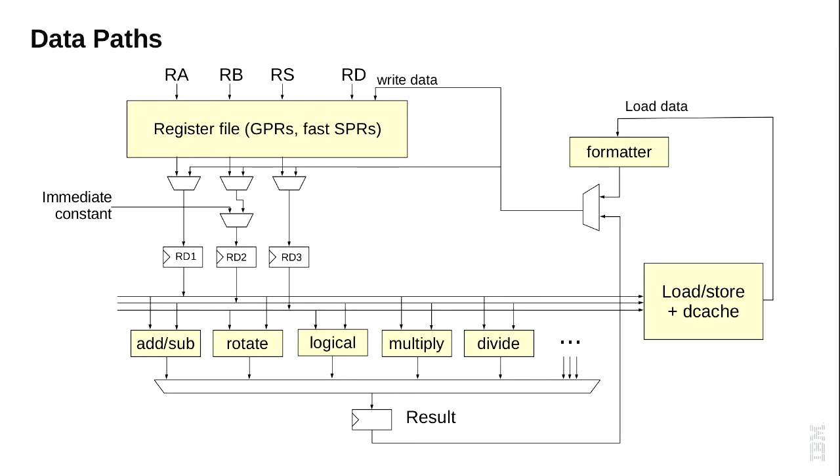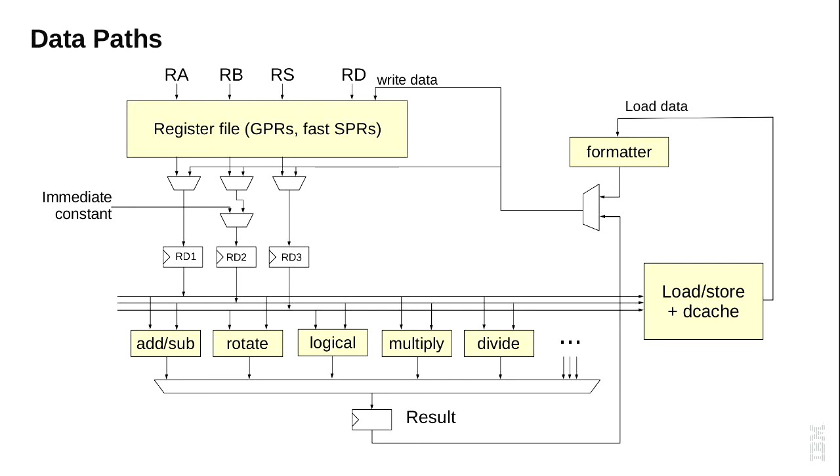Now, at the moment, that goes into write back, which is this stuff on the right, where we select either the output from the execute or the output from the load store unit. These operands also go into the load store unit, and for a load, we get the data back, which then goes through a formatting stage.